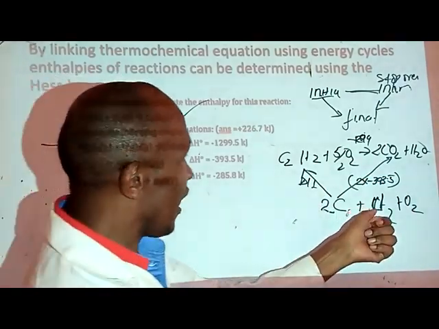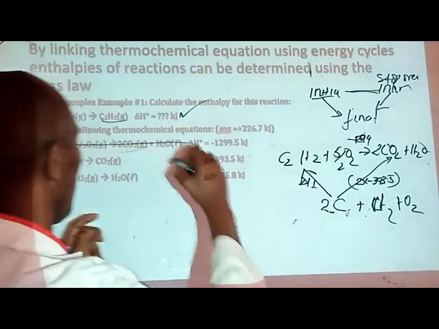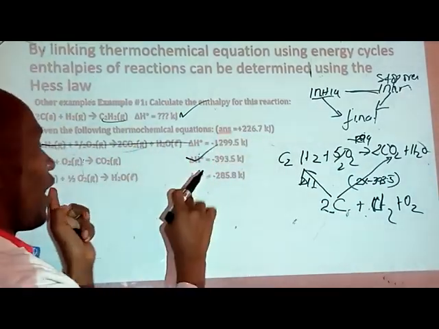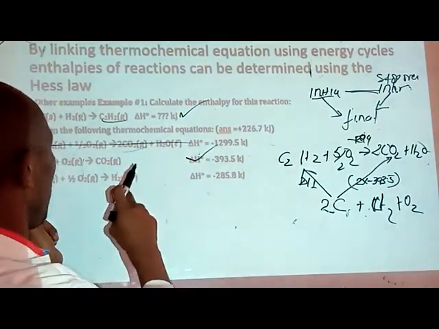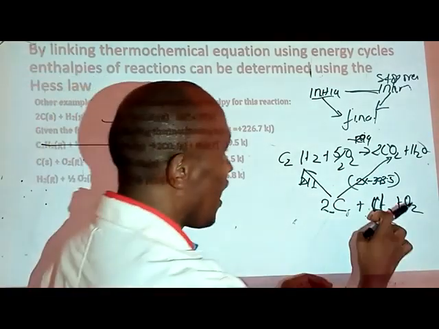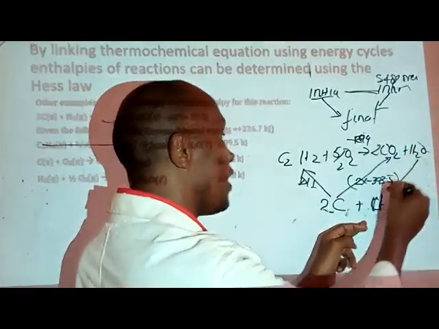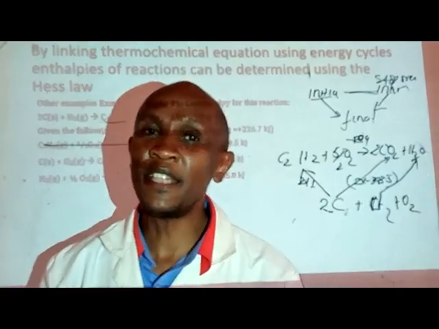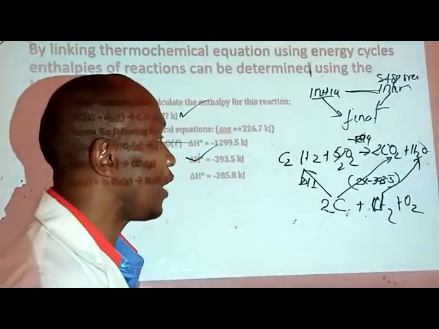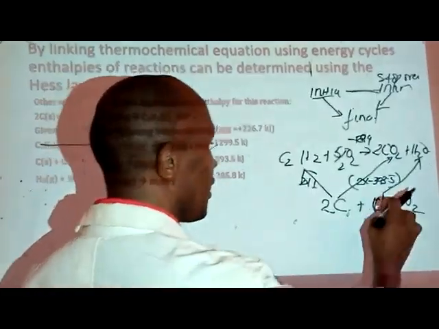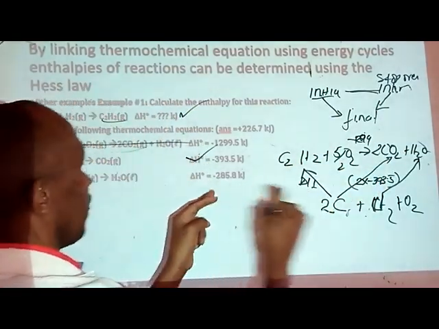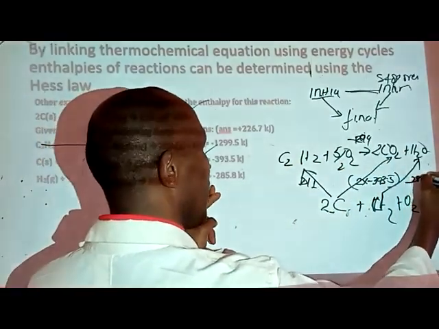Now, what else do I have? This is taken care of. Now I need hydrogen and water. I already have hydrogen, I already have water. All I need is an arrow. This is 1 mole of that, and that's 1 mole of that, so I don't need to multiply by anything.